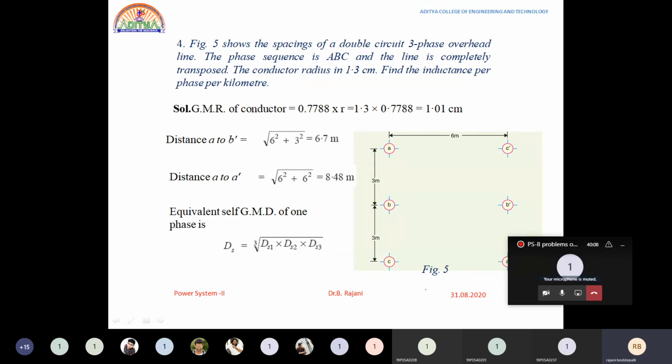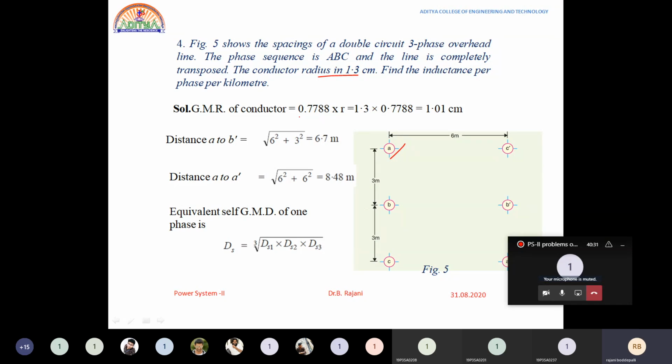If we talk about the conductor A, here the radius is given as 1.3 centimeters. The diameter is not given; he has given you the radius. Now what is the formula for the self GMR of the conductor? GMR of the conductor is sometimes called self GMD.